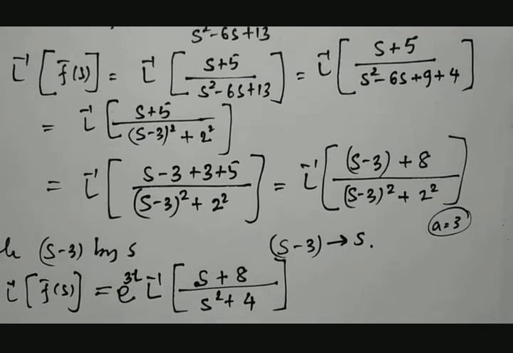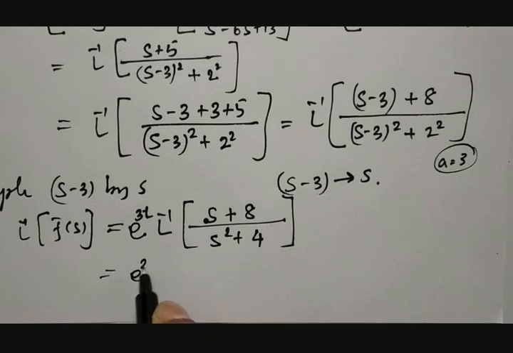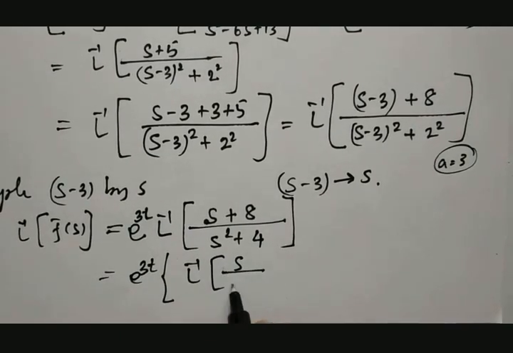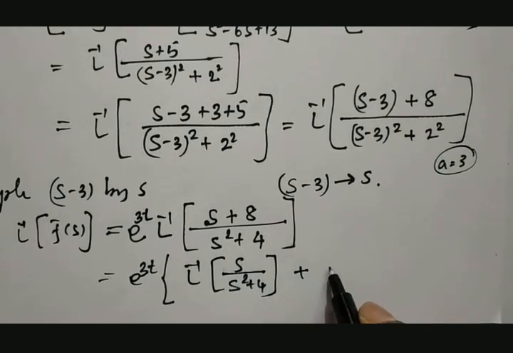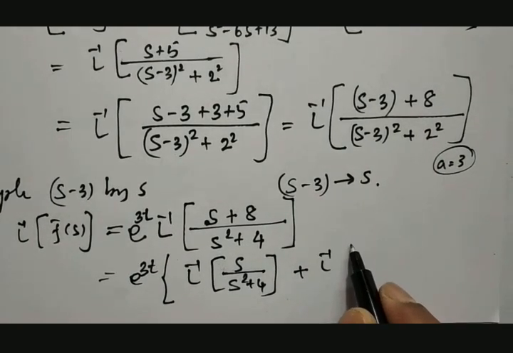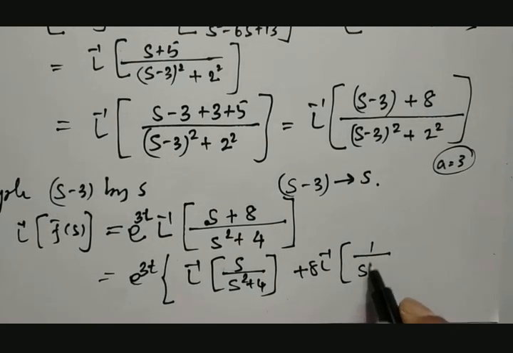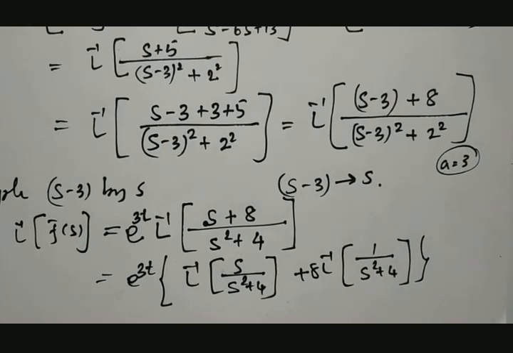Then we'll take first term by denominator plus second term by denominator. Then it is e raised to 3t into Laplace inverse of s divided by s square plus 4 plus Laplace inverse of 8, I'll be taking out, then Laplace inverse of 1 divided by s square plus 4. Fine.